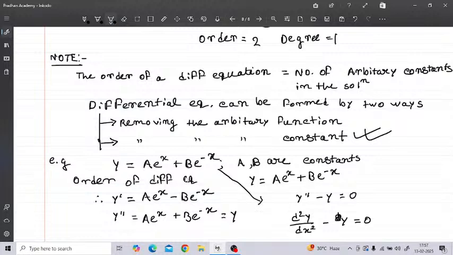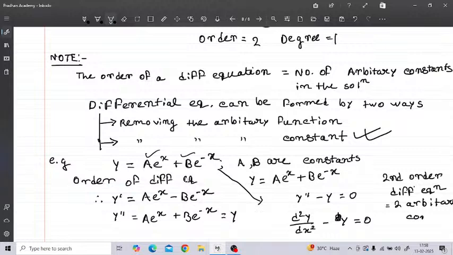So what does it mean? It means that this is a second order differential equation. And what is the number of arbitrary constants? a and b. So there are two arbitrary constants, and the order of this differential equation is also 2. So this point is valid.